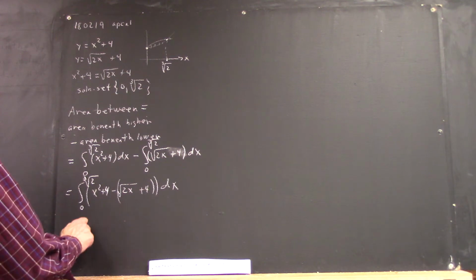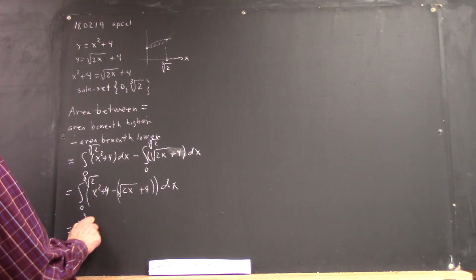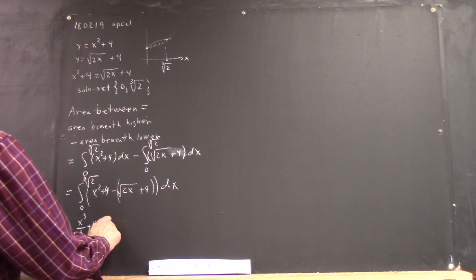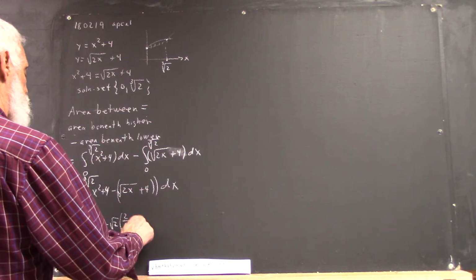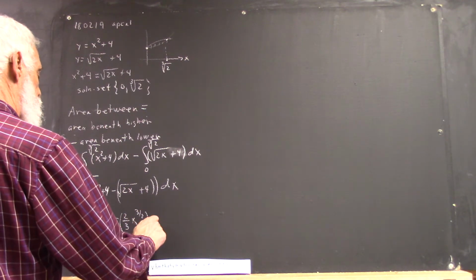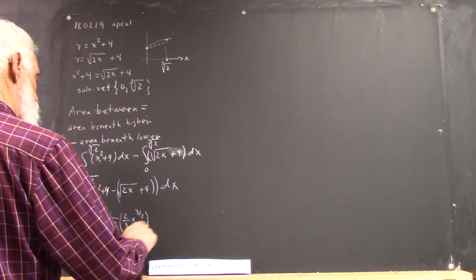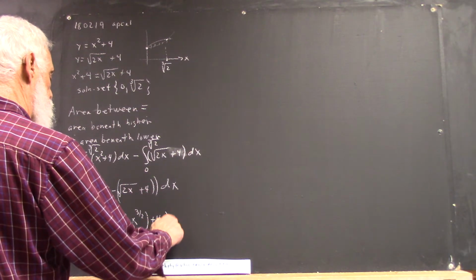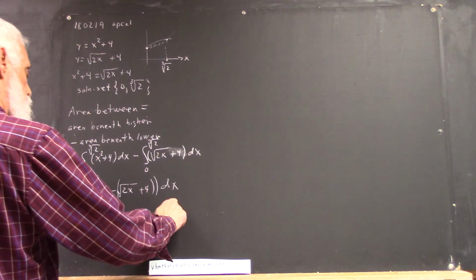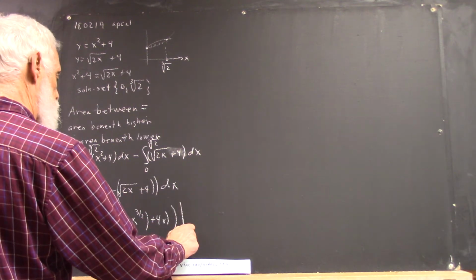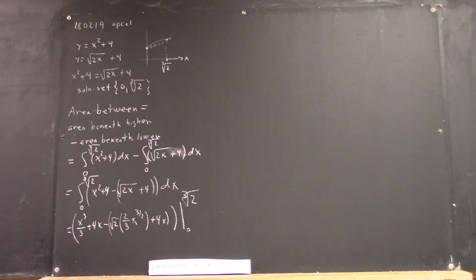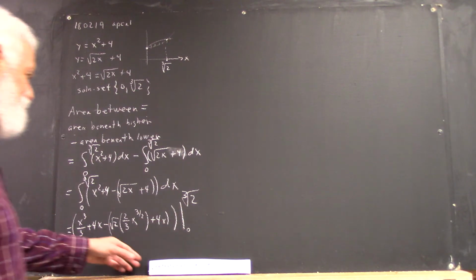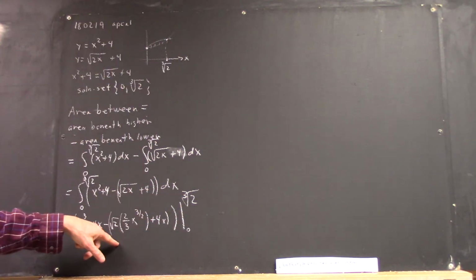So what we get then is x cubed over 3 plus 4x minus the square root of 2 times 2/3 x to the 3/2 plus 4x, all this evaluated between 0 and the cube root of 2. Try to get that cube root clear. It's a little monstrous. But there we have it, right?